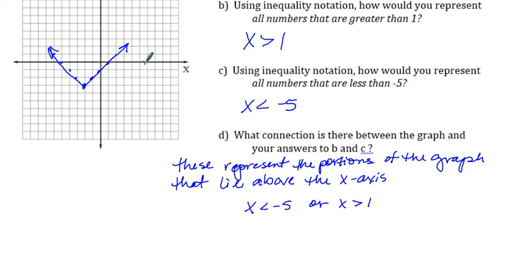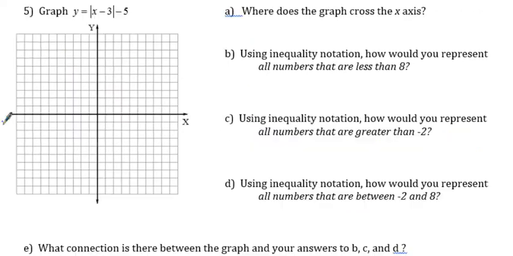Let's see this in the other direction. Let's talk about an AND. For our final example today, let's graph our graph. So we go right 3, down 5.